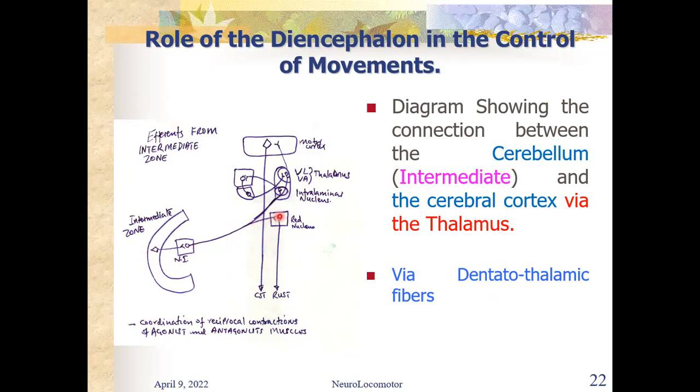As it passes, it sends a collateral to the red nucleus before the fibers project to the intralaminar nucleus of thalamus, and also the ventrolateral and the ventro-anterior nuclei of thalamus. From there, the next order of neuron projects from the thalamus to the motor cortex.